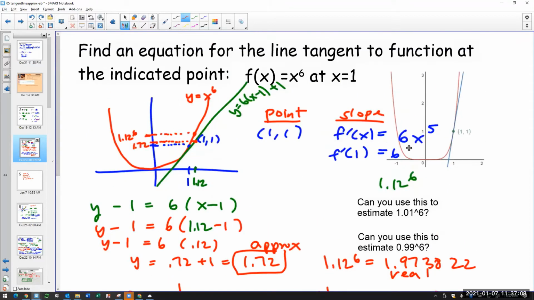Now, let me talk to you guys about this. Some of you guys are like, wait, don't you have to calculate the second derivative? You can if you want, okay? You don't have to, but look at this. If I take the second derivative of this, what is it? Isn't it 30x to the 4th? Okay, and what is my x value? Is it 1 or 1.12? It doesn't matter. You could just put 1.